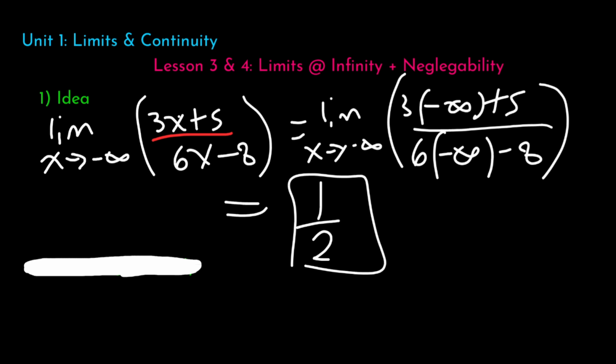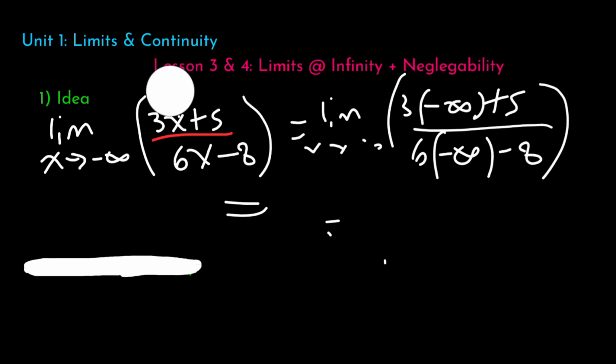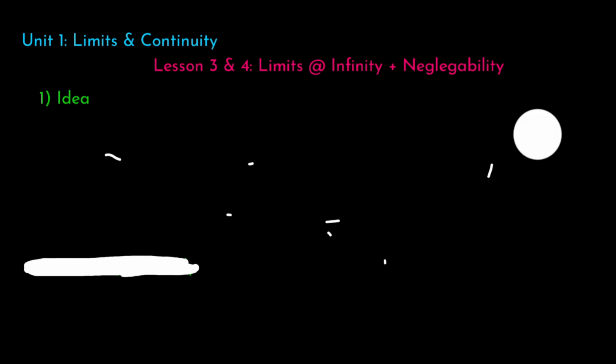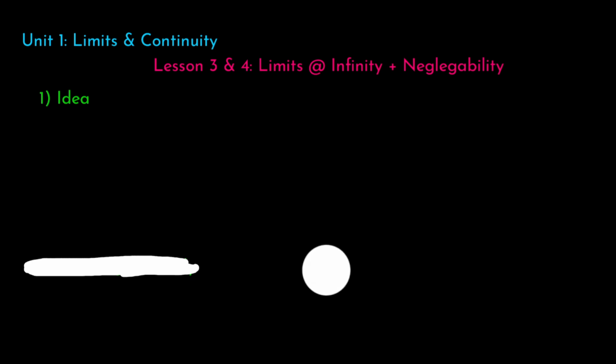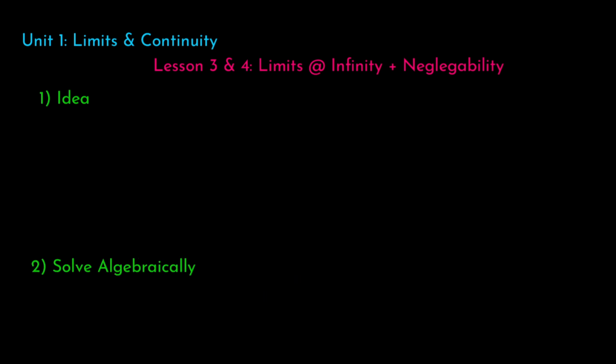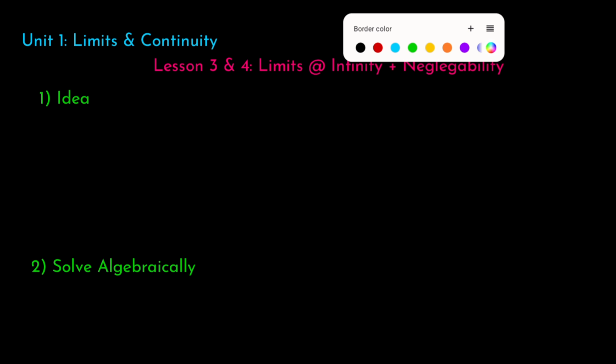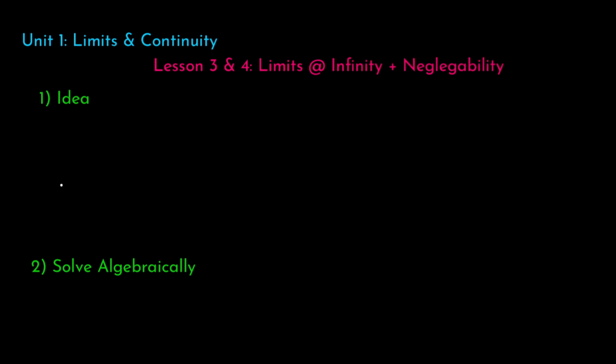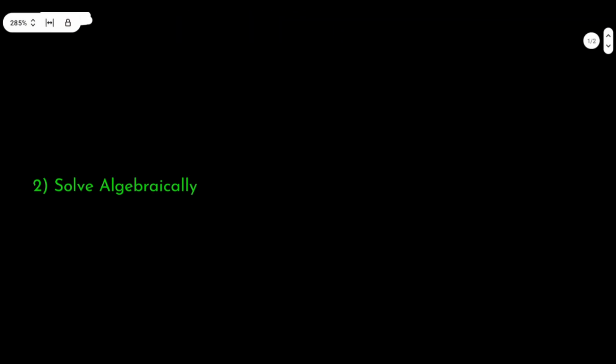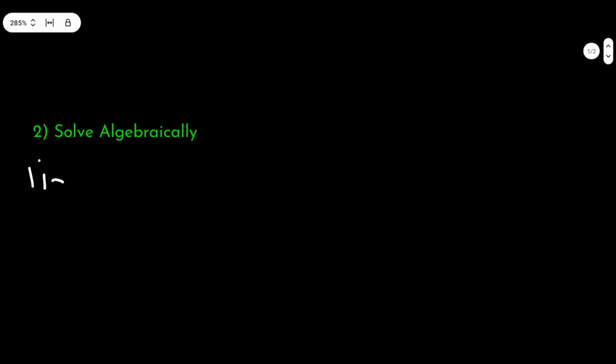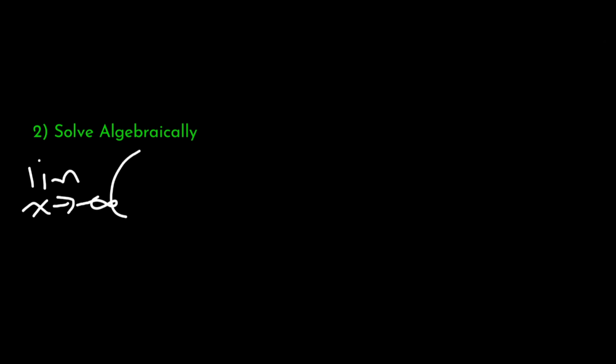However, as we move to the more complex constructs of this idea, we're going to solve this algebraically. So how are we going to do this? Let's take the same exact limit as x goes to negative infinity of 3x plus 5 over 6x minus 8.